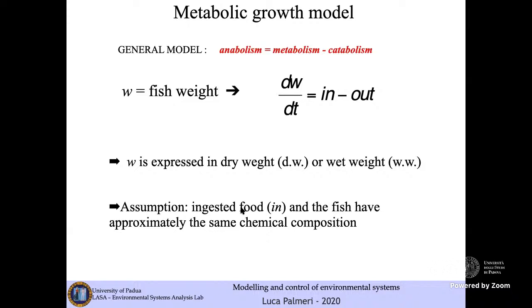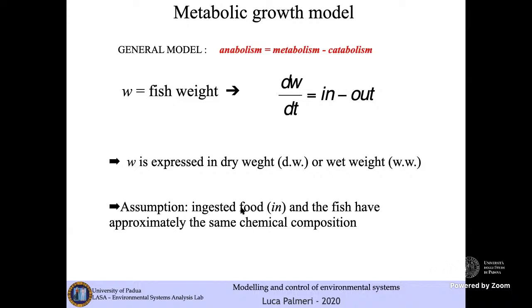This means that the biomass that is produced as a consequence of the anabolic process, anabolism or growth, has essentially the same composition as the food that is assimilated by the organism.